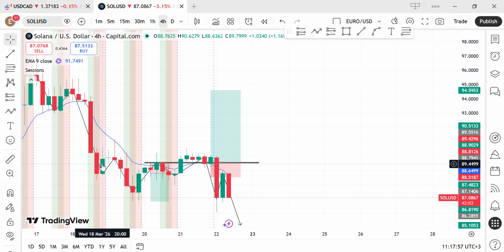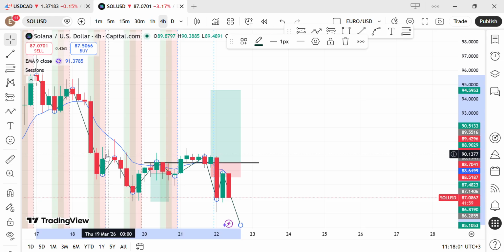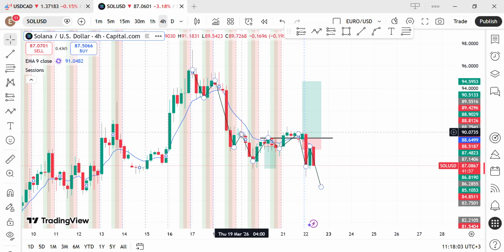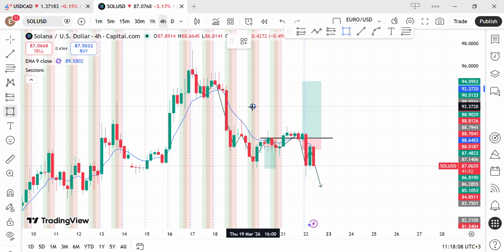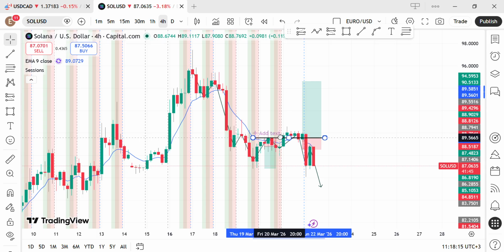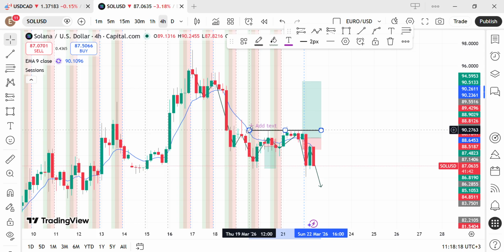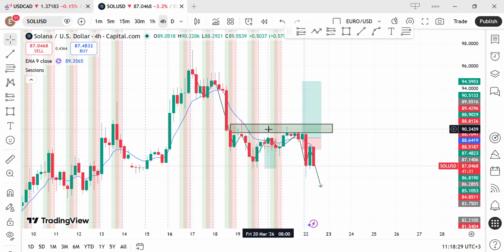You see here in the 4-hour time frame, I know it's not the best, but even if you want to draw something, don't you see that there is a resistance level over here?